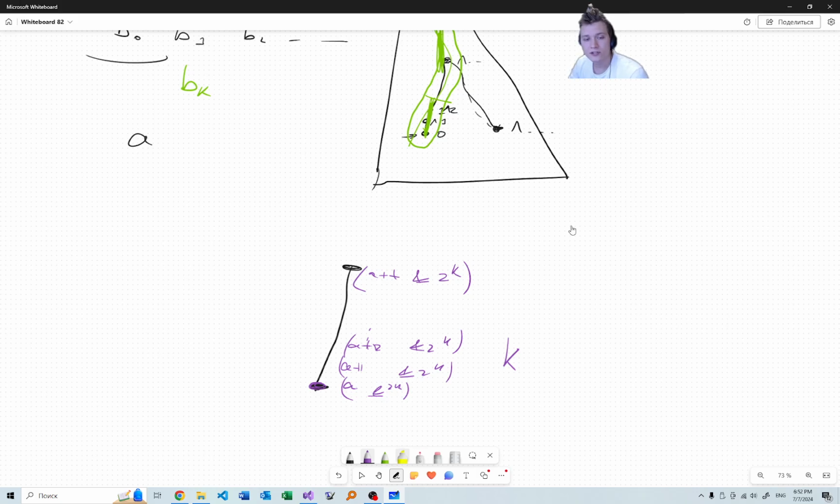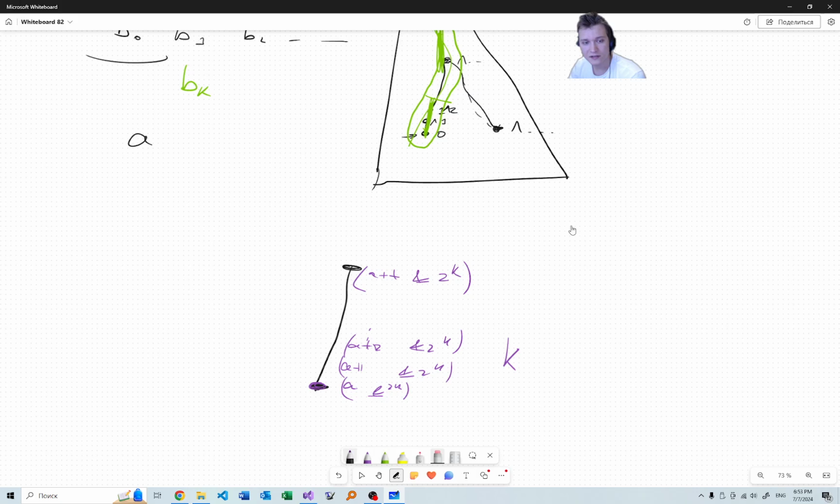To answer that question, first of all, I need to find this sum for the root path and subtract the same sum for this path. So this is reduced to two root paths.